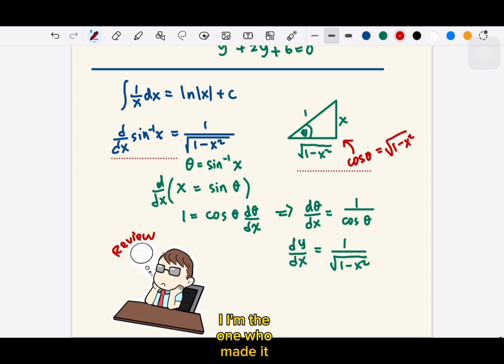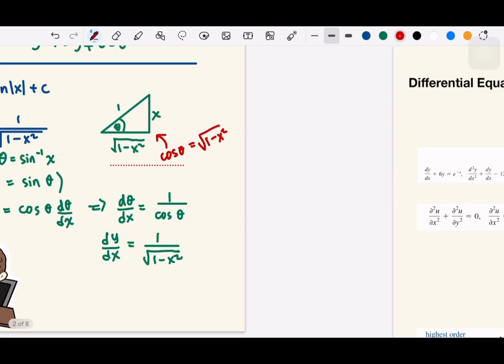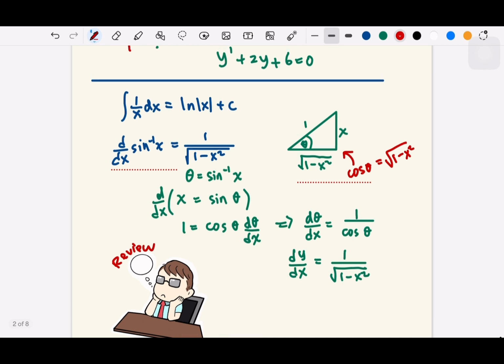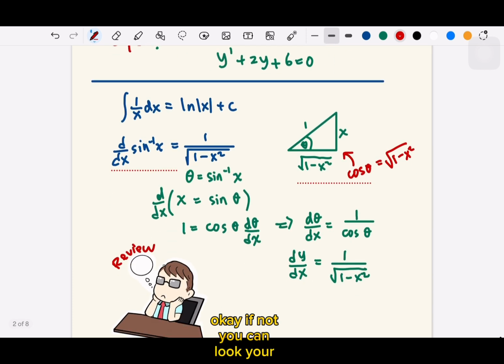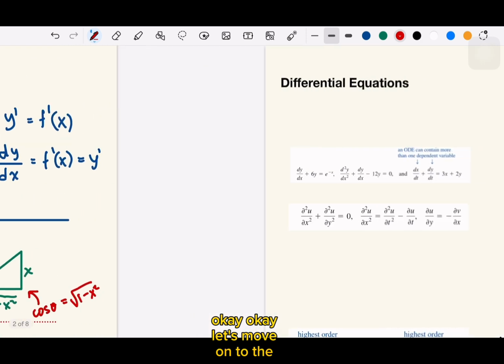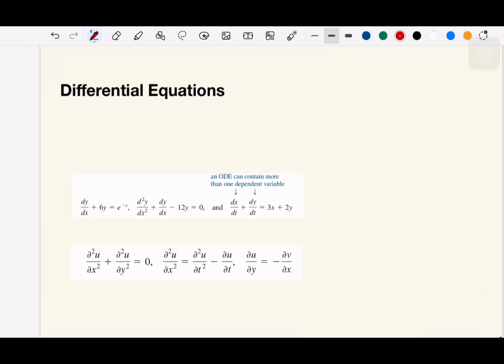I'm the one who made it. Okay, so do you want to take notes here? If not, you can look at your calculus notes. Oh, calculus 1, right? Okay, let's move on.